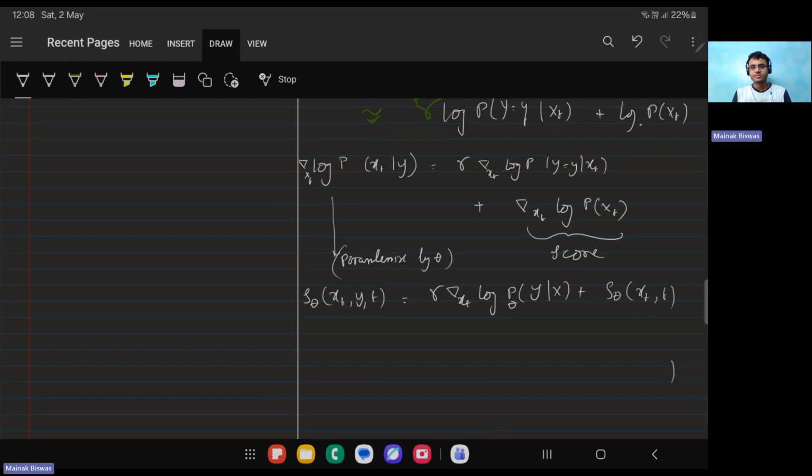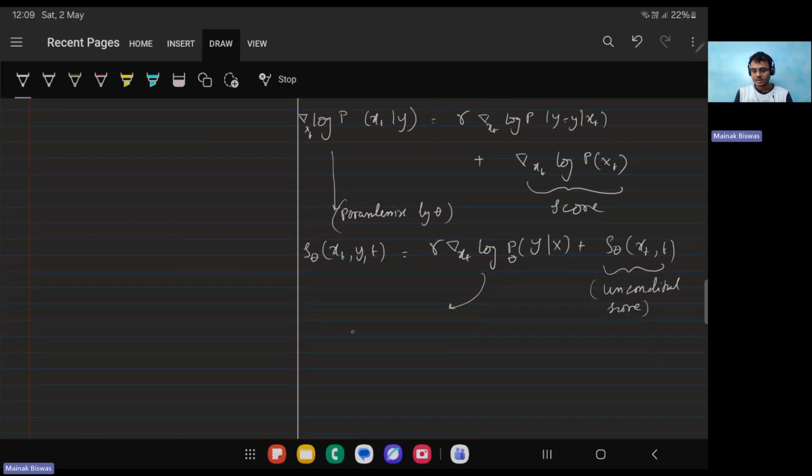So now this is this model. This is the unconditional score. And this is my classifier. So what it does is it takes in xt and tells the class y.